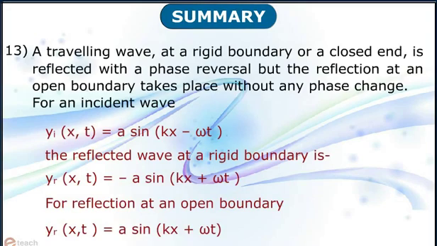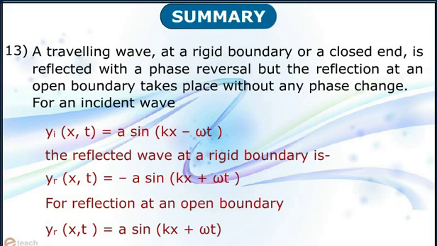A traveling wave at a rigid boundary or a closed end is reflected with a phase reversal, but the reflection at an open boundary takes place without any phase change. For an incident wave, y_i as a function of x and t equals a sin(kx minus omega t).